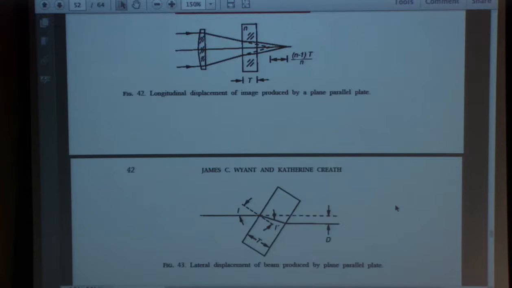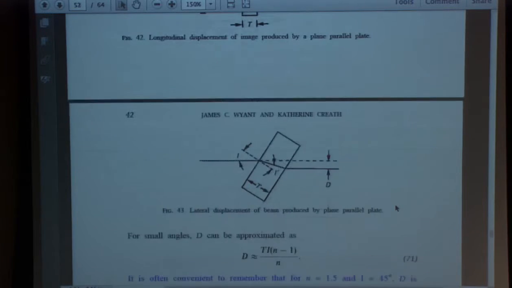The next one is equally bad. I mean, I've seen this so many times in my life. A mistake made here because every interferometer has a beam splitter in it, and often a plane parallel plate beam splitter. So if I take a beam of light going along here, it's making an angle of incidence I with respect to this plate.